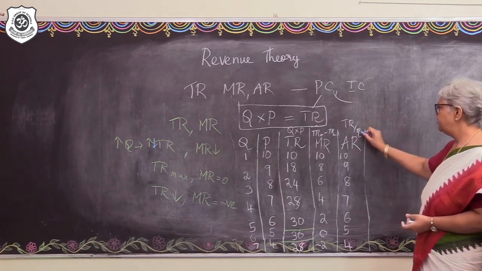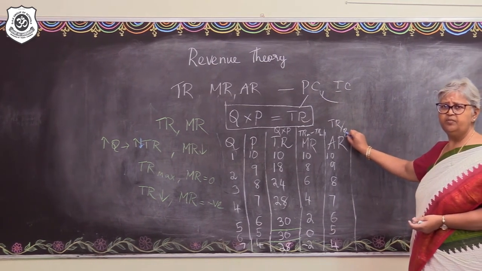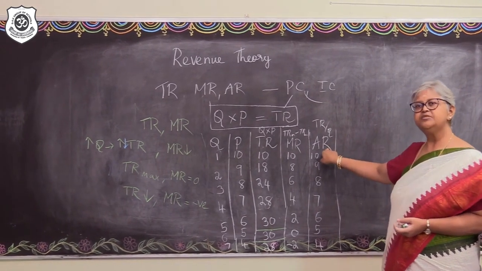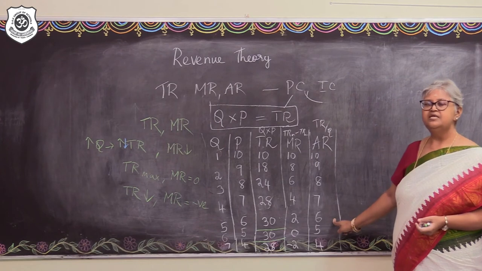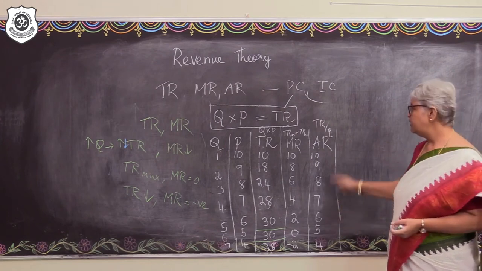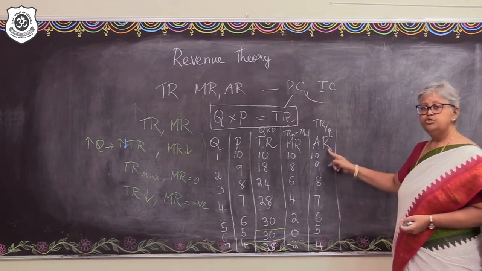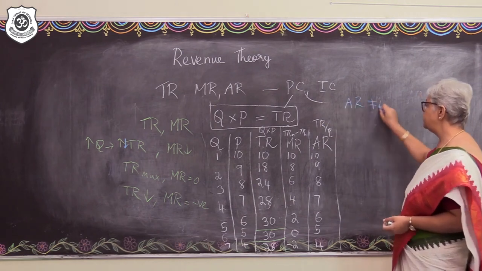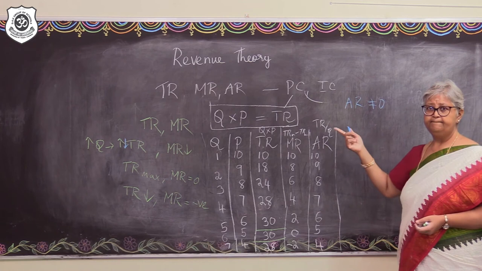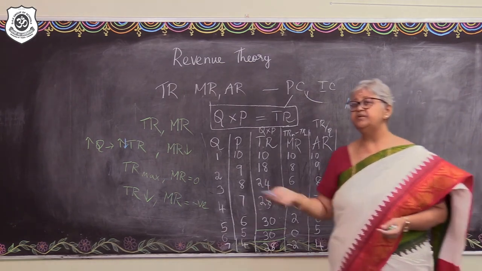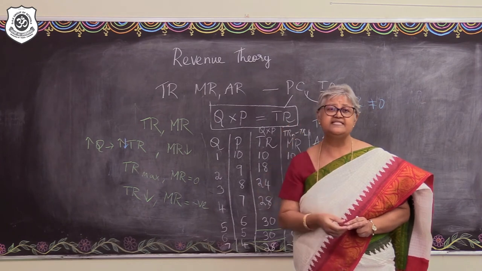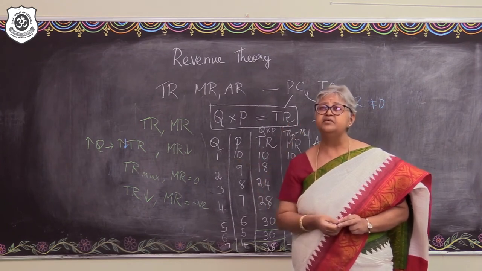The total revenue divided by the number of units of output is the average revenue, isn't it? So though average revenue continuously falls, there is no chance for the AR to become 0. So AR will never become 0. Why? Now what did we also understand in the previous situation? AR can be understood as the price. The price cannot be negative.